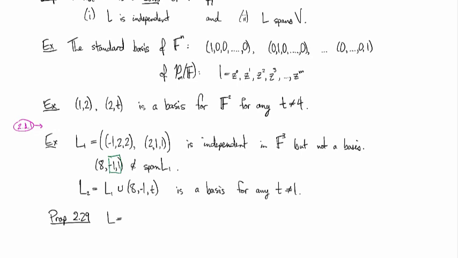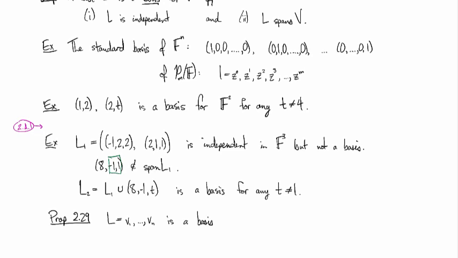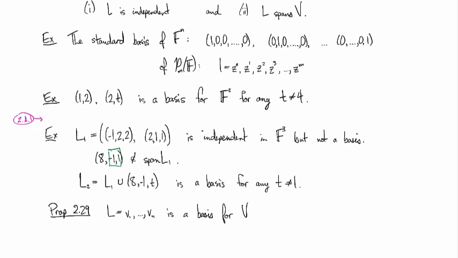So if we take a list v1 up through vn, this is a basis for V if and only if for any element v of V, v can be written uniquely as a linear combination of the given purported basis.